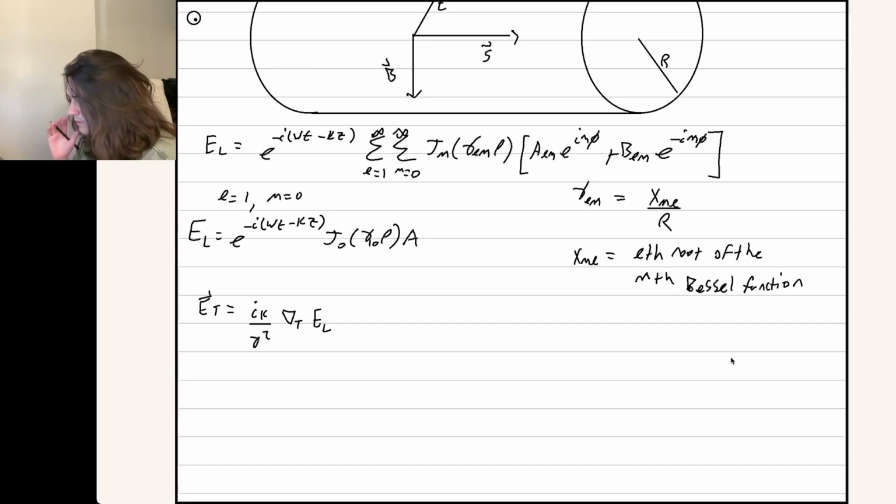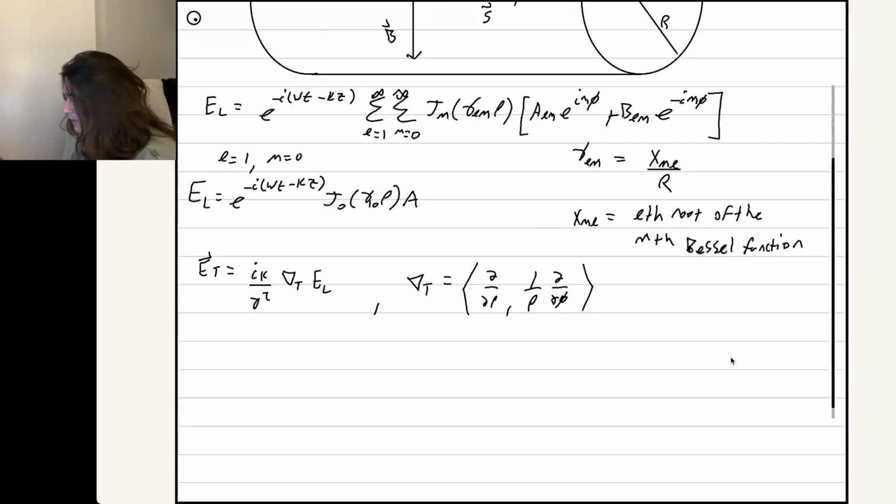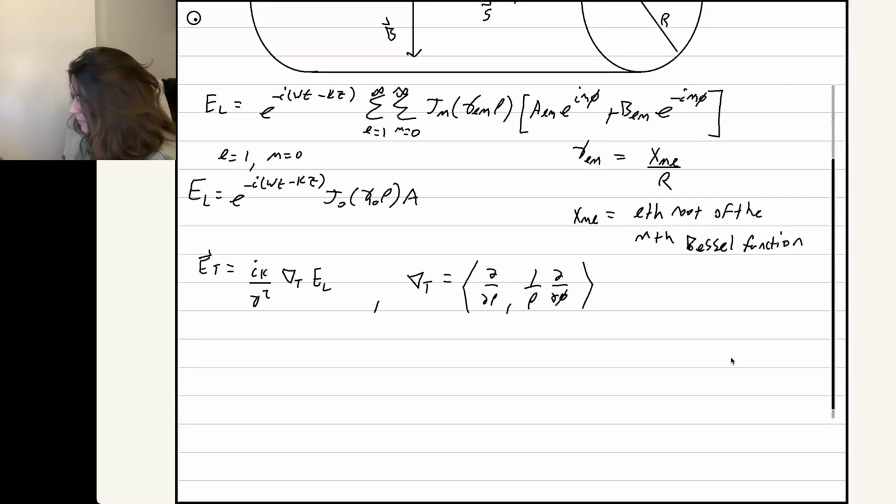Okay, the transverse electric field is the transverse gradient of that. When you're in cylindrical coordinates, the transverse gradient is going to be equal to d rho in the rho hat direction, and then 1 over rho d phi in the phi hat direction. So no phi dependence here, so we just need to take the rho derivative.